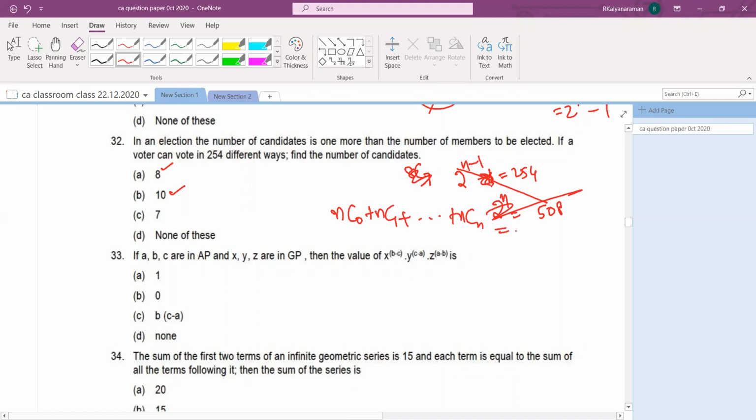This is equal to 2 power n. But we are not choosing NCN. We are going to choose only n minus 1 candidates. You need not choose any candidate. You can choose only one or like that. It is NC0 plus NC1 plus etc. plus NC n minus 1. NCn is 1.